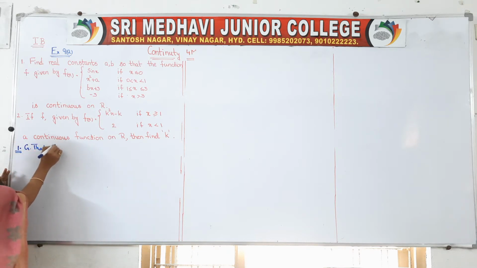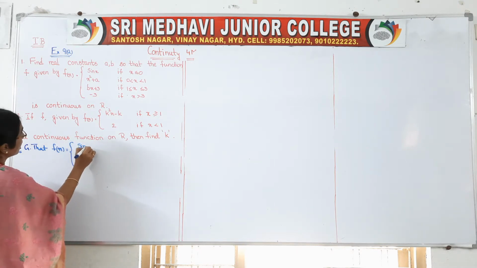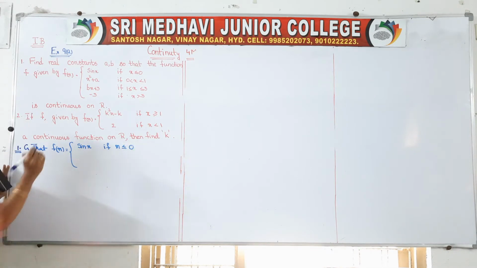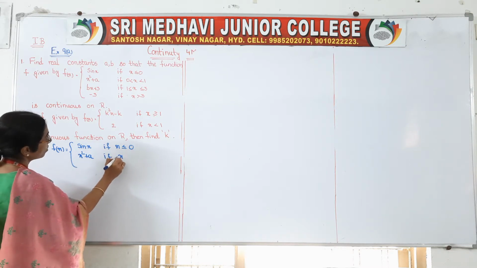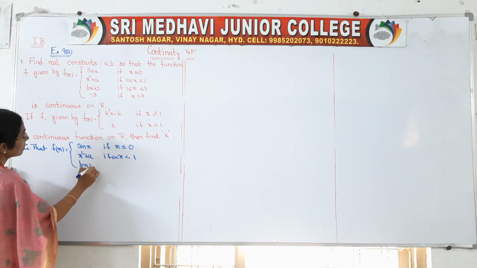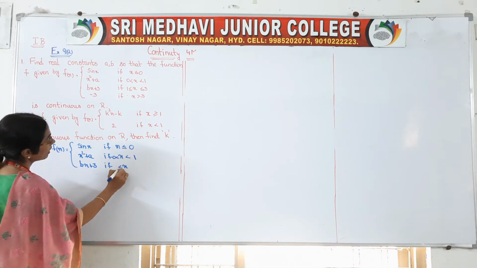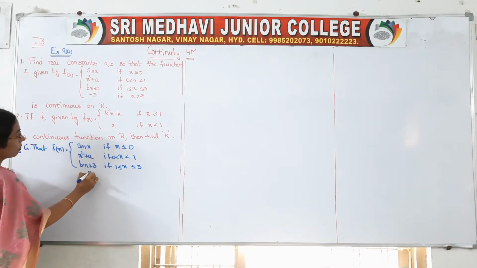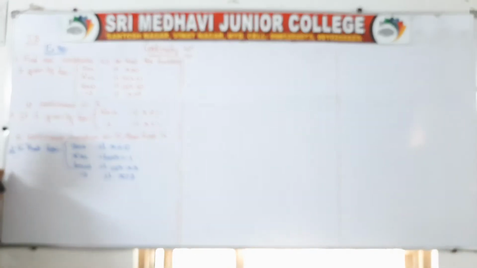Given that f of x is equal to sin x if x is less than or equal to 0, and x square plus a if x is greater than 0 and less than 1, and bx plus 3 if x is greater than or equal to 1 and less than or equal to 3, and minus 3 if x is greater than 3.